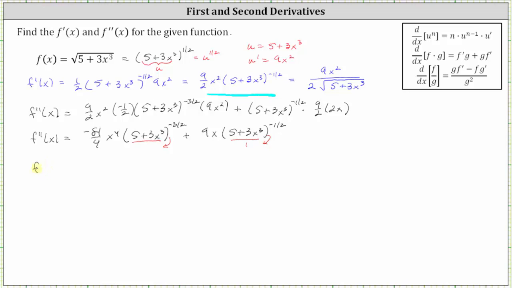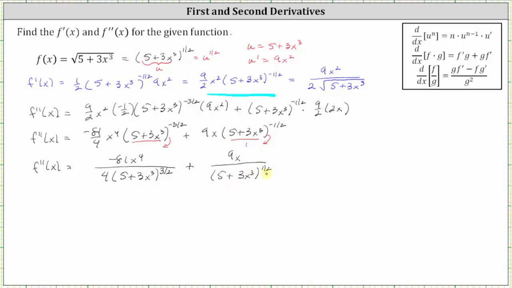So this gives us f double prime of x is equal to negative 81 x to the 4th in the numerator. In the denominator, we'd have 4 times the quantity 5 plus 3x cubed raised to the power of positive 3/2 plus 9x over the quantity 5 plus 3x cubed raised to the power of positive 1/2.